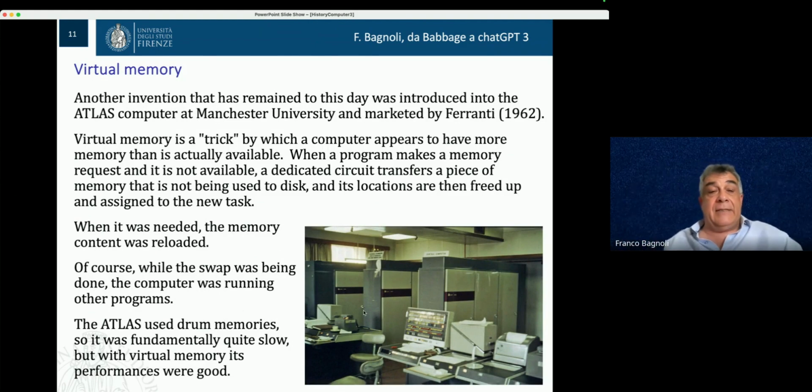Then another innovation of this time was virtual memory. The idea is that these computers had a fixed amount of memory, but it was really very problematic to manage.